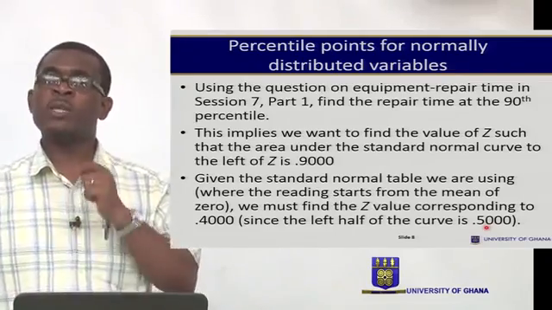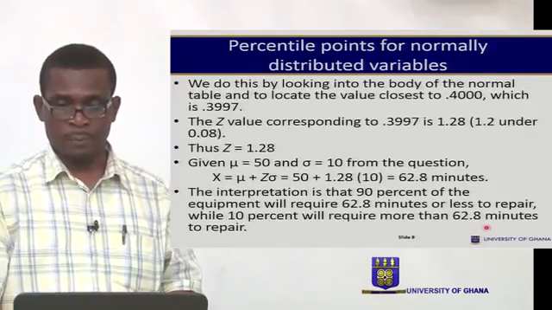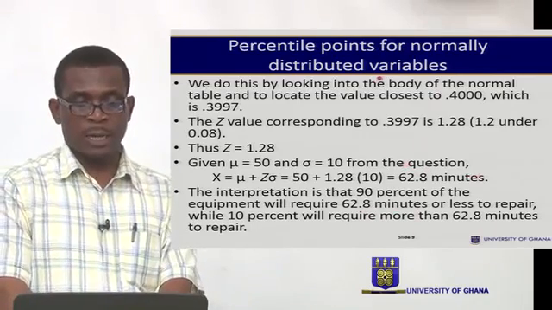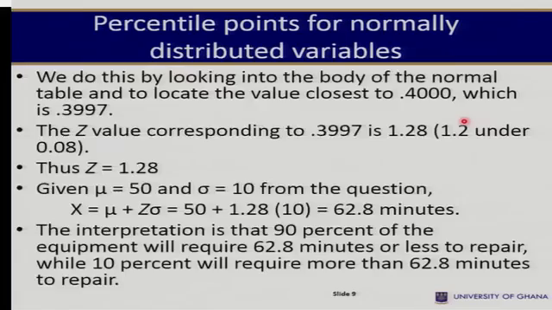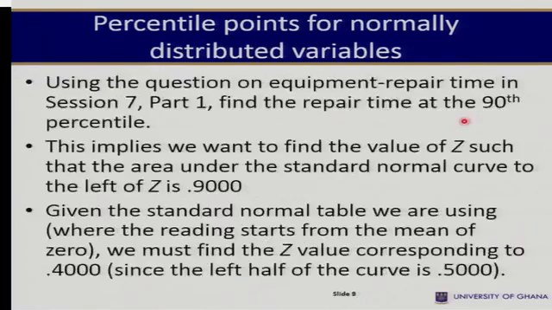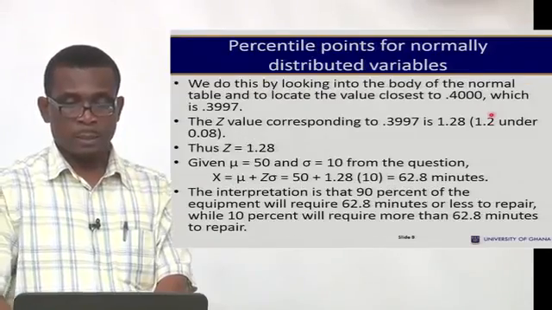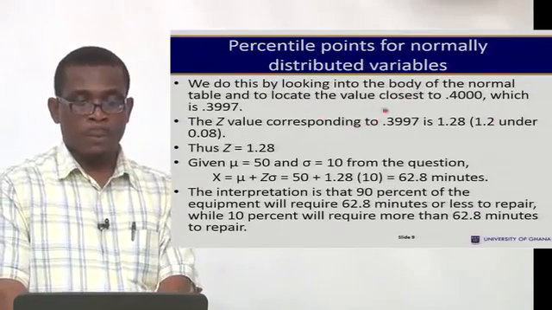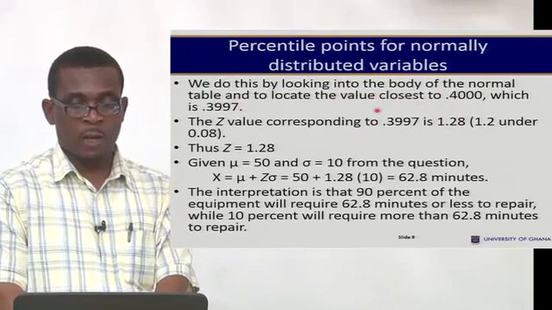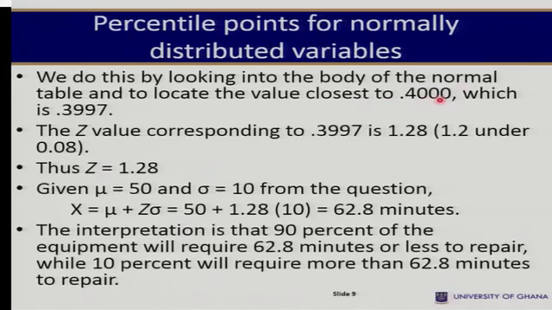So you read the table in the reverse order. So it means that you take the normal table and look in the body of the table, and you look for the area in the table closest to the value 0.4000.